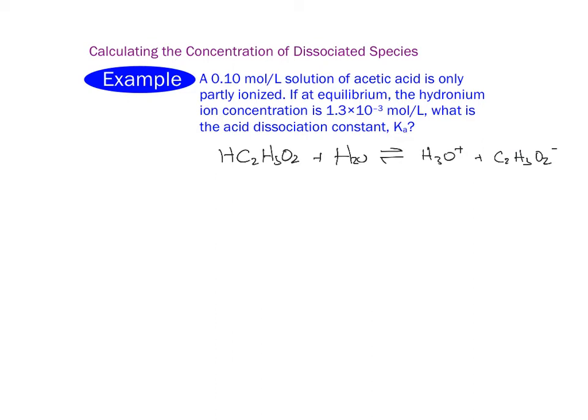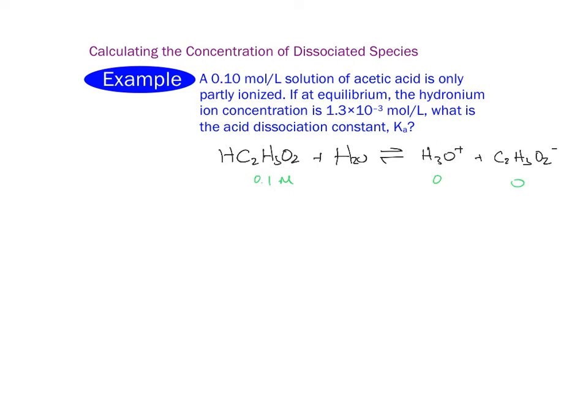Molar ratios are all 1 to 1 to 1 to 1. So we're going to look at the molarity, or the concentration. We start off with a molarity of 0.1 here, that's 0, 0.